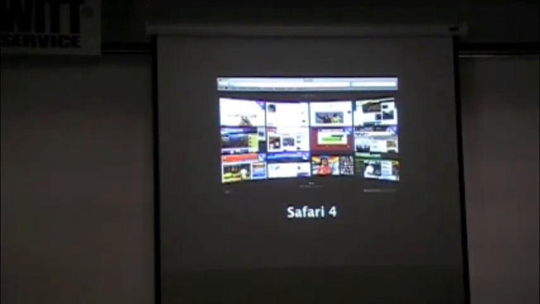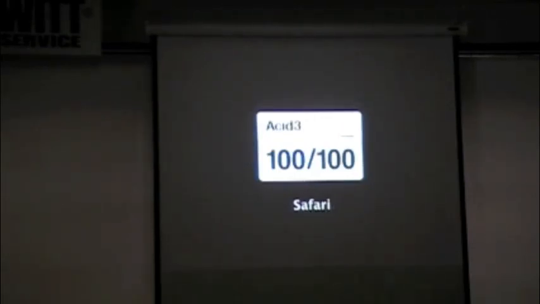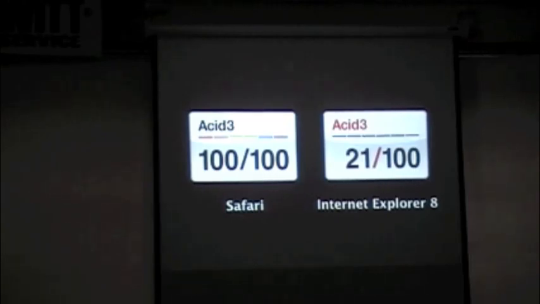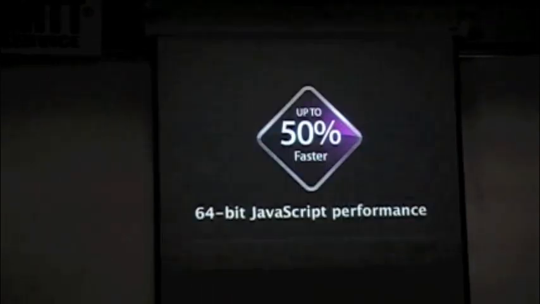Chrome and Safari are both actually built on WebKit. But they're talking here about how it's compatible. Acid3 compatibility is 100 out of 100 tests. And Internet Explorer 8, I don't know if it's still 21 out of 100, but anybody use Internet Explorer here and like it? No? One guy, okay.